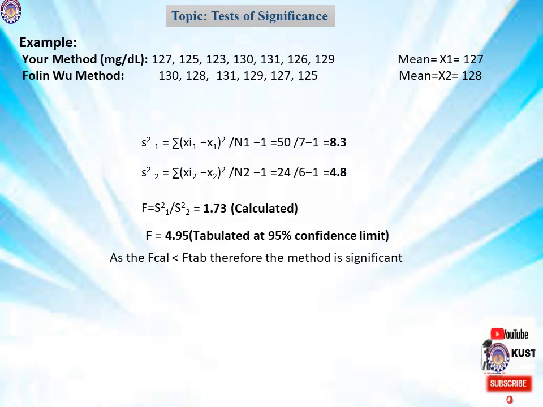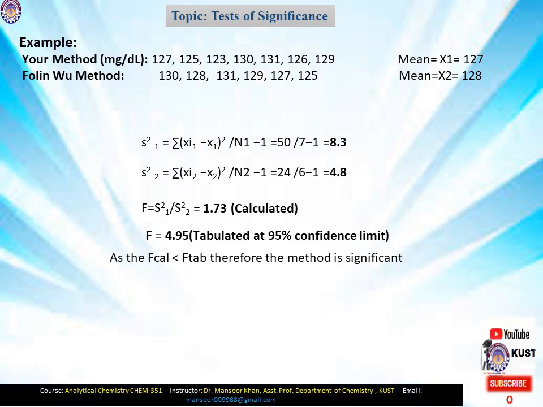In this slide, we have given an example of how two methods, or you can say your method, which is newly developed in the laboratory, can be compared with a standard procedure or accepted method.